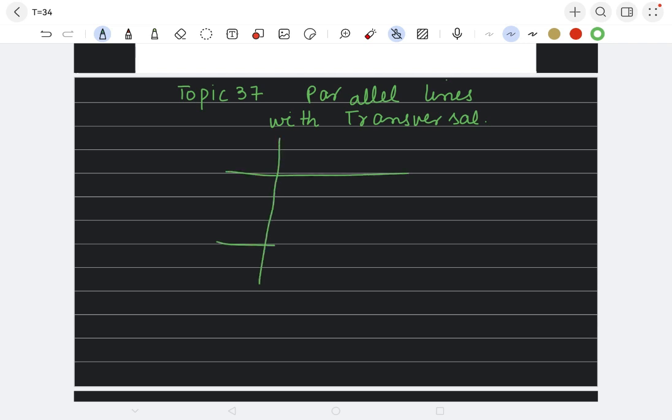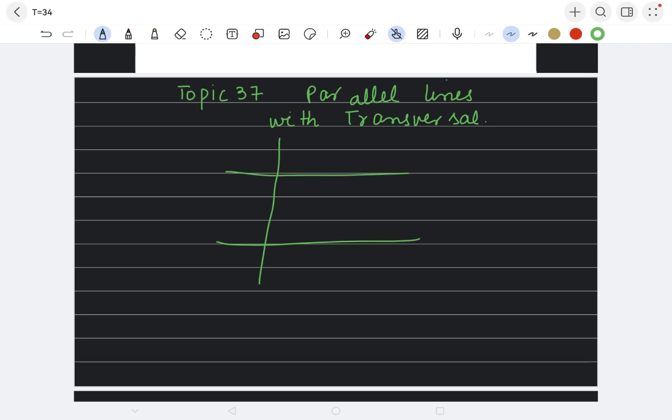Okay, now we are moving towards our topic number 37, which is about parallel lines with transversal. Let's suppose we have parallel lines.